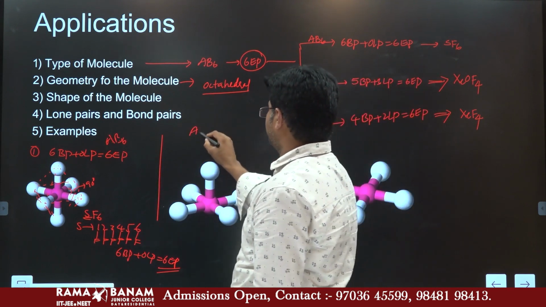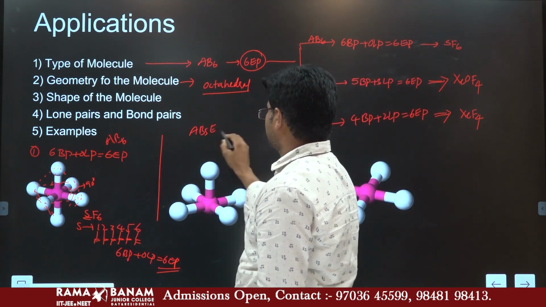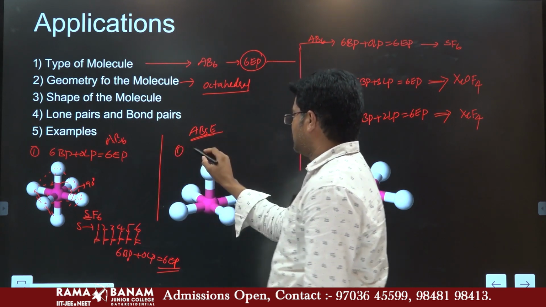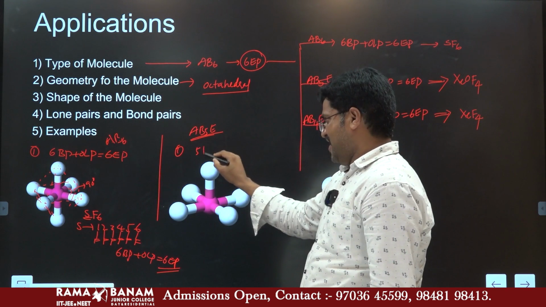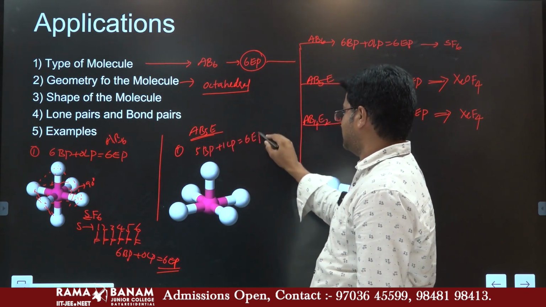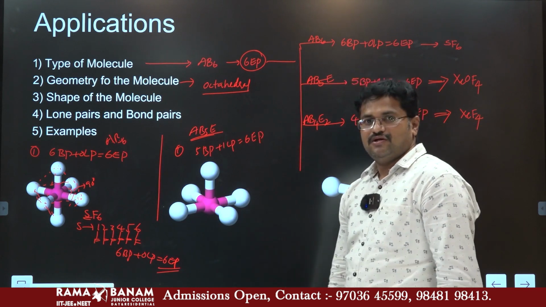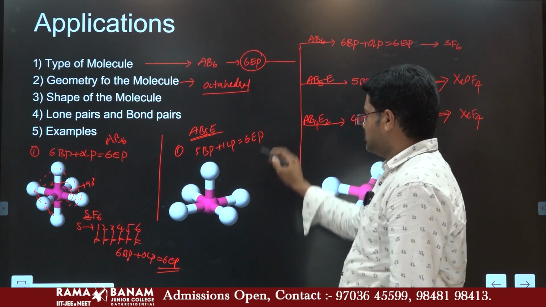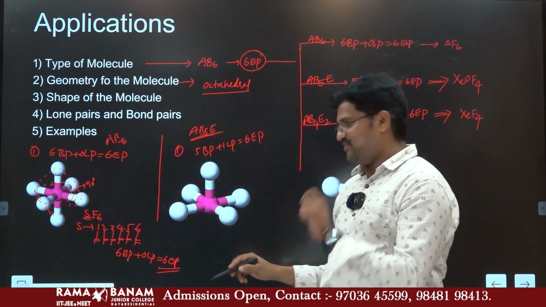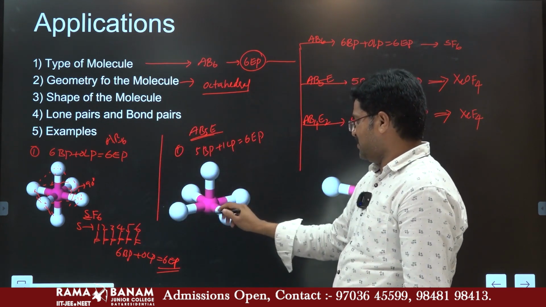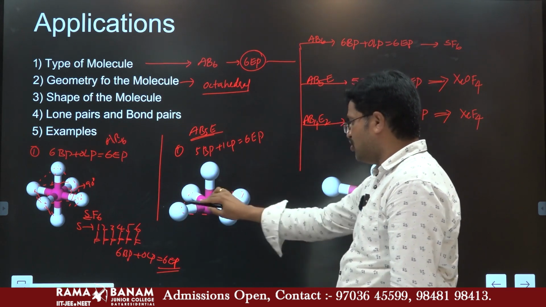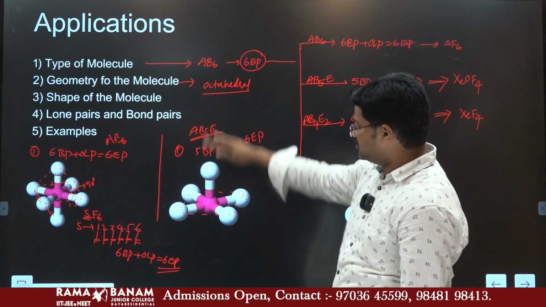And the next case is AB5E type. Here 5 bond pairs plus 1 lone pair, total 6 electron pairs. The expected geometry is octahedral, but the actual shape is square pyramidal, because here 4 bonds are in plane and 1 is above the plane.